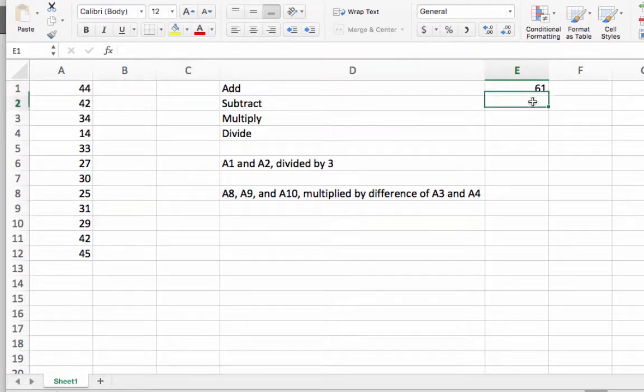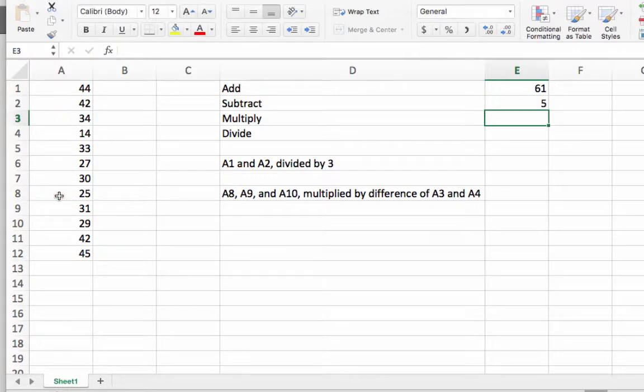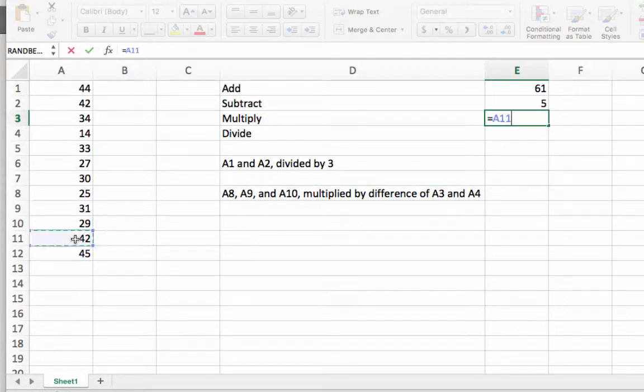Okay, so that's adding. Subtracting: equals, and let's say that minus that. Okay, and so 30 minus 25 is 5. Multiply. Let's multiply these bottom 2 numbers. Again, we start off by saying equals A11, and then the star or the asterisk, A12.